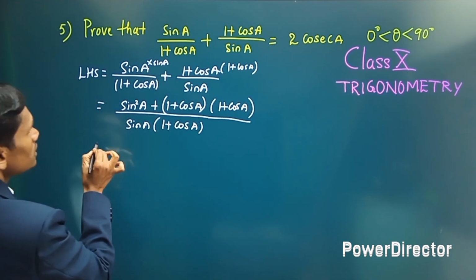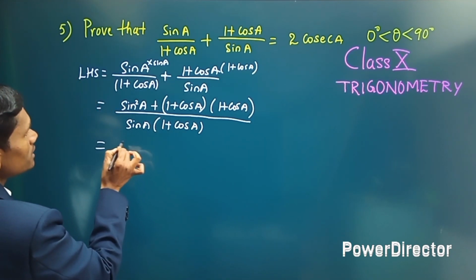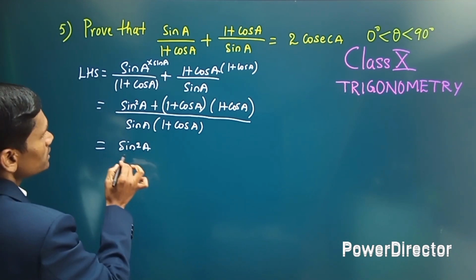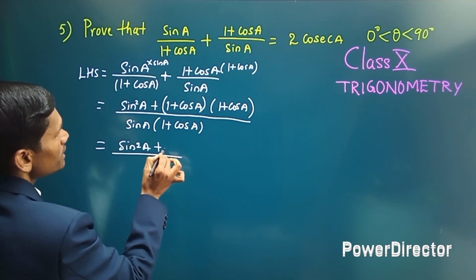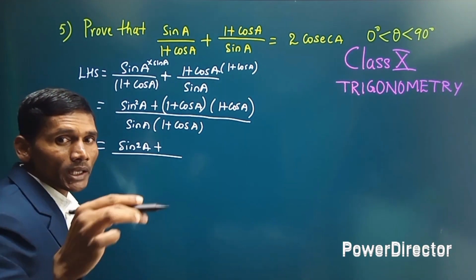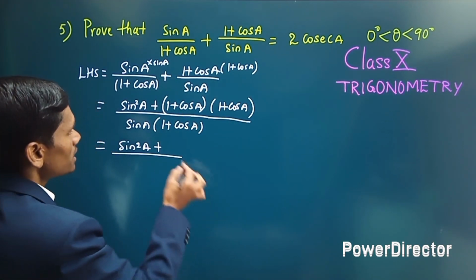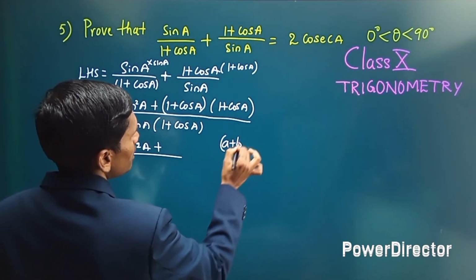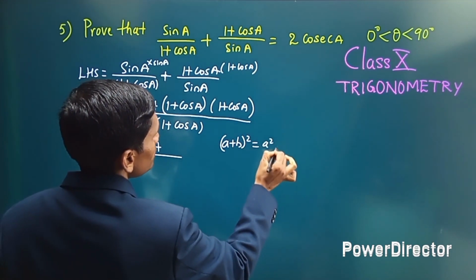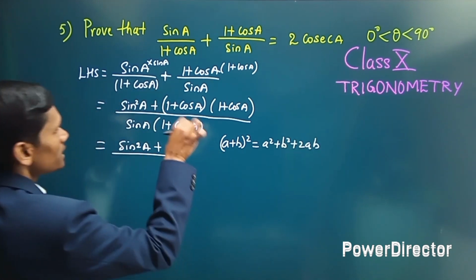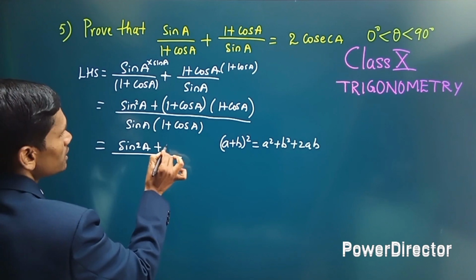Now next you go ahead with this: sin square A plus (1 plus cos A) bracket square. A plus B whole square is equal to A square plus B square plus 2AB, right? So you express that in that form. What does this become then?